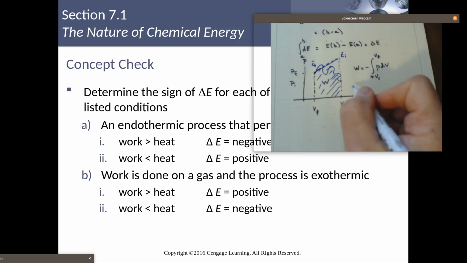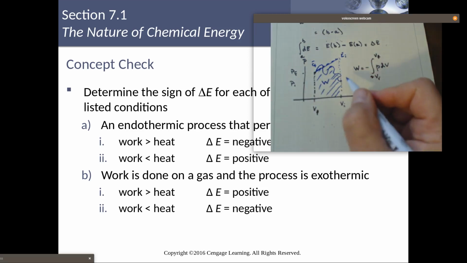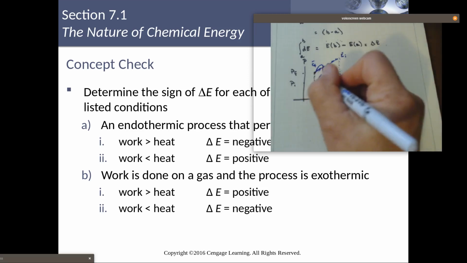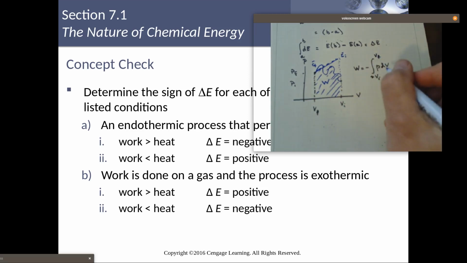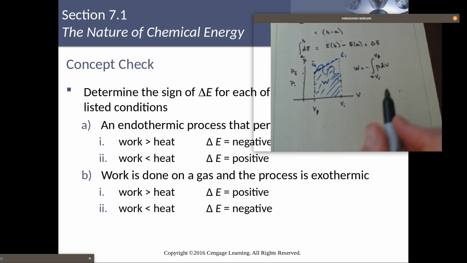I could take something that maybe keeps the temperature constant. Maybe I take something that doesn't add heat. I can take all sorts of different pathways, and I get different values of the area underneath this curve. Work is not a state function. It depends upon the pathway that you take. The heat is not a state function. It depends upon the pathway that you take.